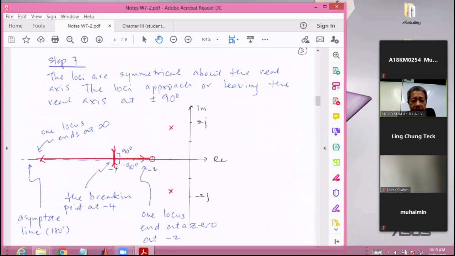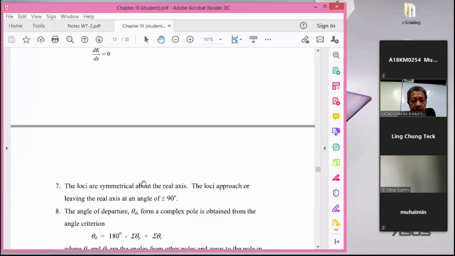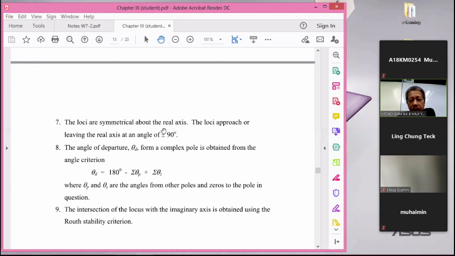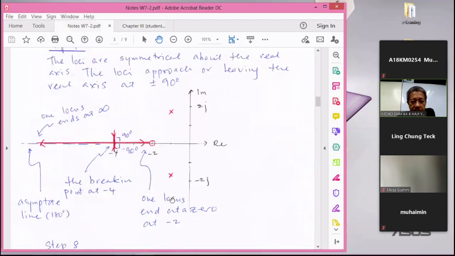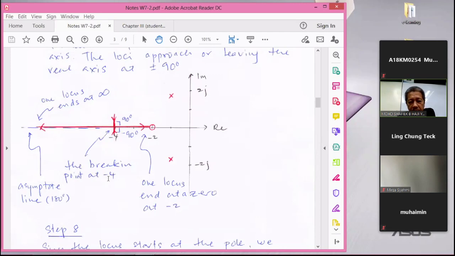Okay, and then step 7. The loci are symmetrical about the real axis, and they approach or leave the real axis. Yesterday we had the locus leaving. Today we have the locus approaching the real axis. It will approach the real axis at the breaking point at an angle of plus and minus 90 degrees. So this is the breaking point at -4 that we have computed, and the locus will enter that point at 90 degrees from the top, and then it will enter from the bottom at -90 degrees.